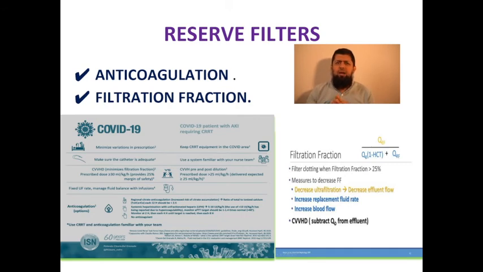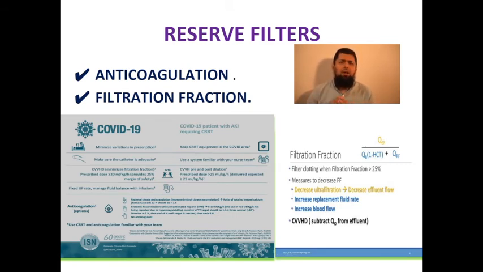To preserve our consumables, to preserve the filters, we should use anticoagulation unless contraindicated. We know that they are now categorizing patients with COVID-19 into low risk and high risk regarding the hypercoagulable state. For low risk, they are giving prophylactic anticoagulation; for high risk, therapeutic anticoagulation.